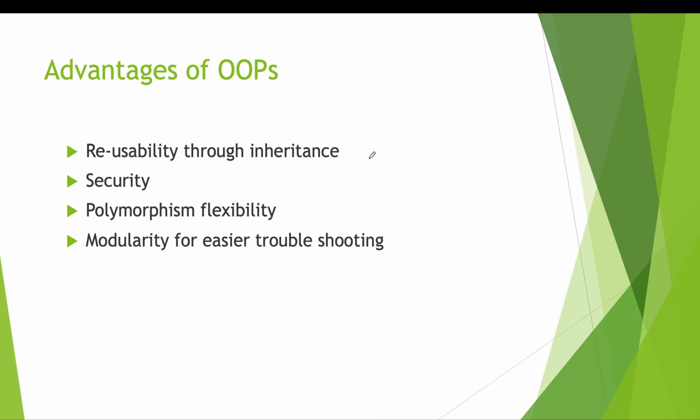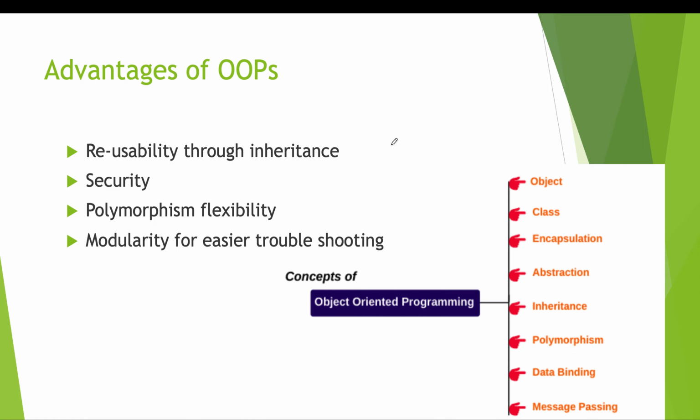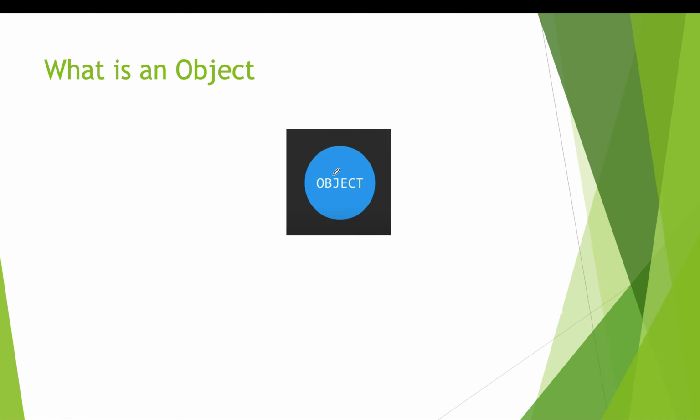You'll just go to that module, you'll fix the problem, maybe you'll add features, you might subtract features, and all these advantages are because of objects, classes, encapsulation, abstraction, inheritance, polymorphism, data binding, message passing. So all this is what we need to learn, and because of all this we are going to get all the advantages of object oriented programming.